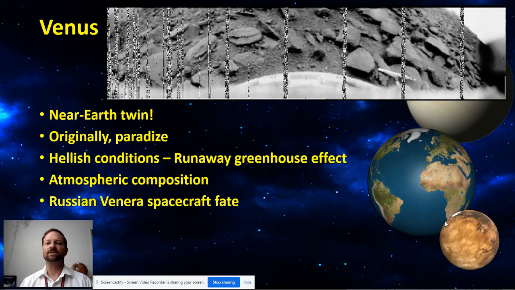In fact, take a look at the picture at the top of this slide. See all the scratchy static lines? That's because the Soviet era Venera spacecraft that landed safely on Venus immediately started to melt and fall apart.